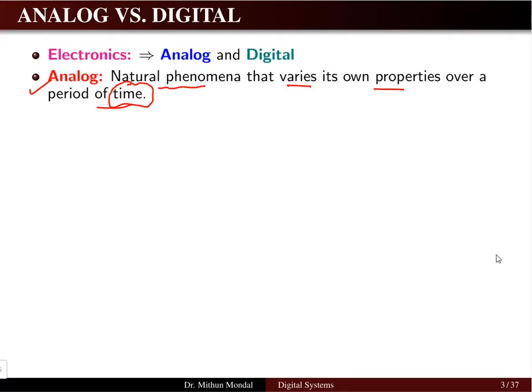Now natural phenomena means whatever the temperature, pressure or any other natural characteristic of a device, whether it is a voltage or a current for an electrical device, that we measure over a period of time, and it is the own property of that system, that is known as the analog system.